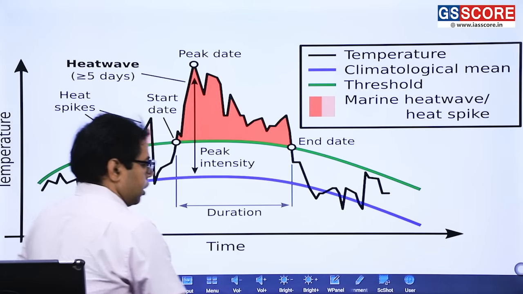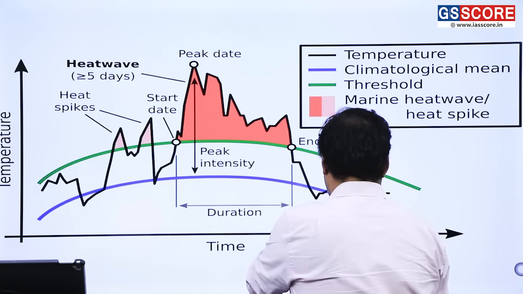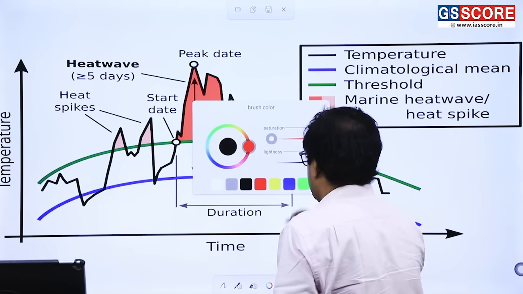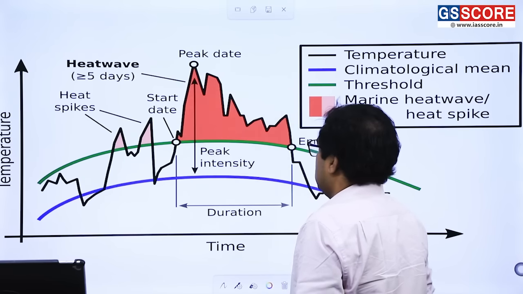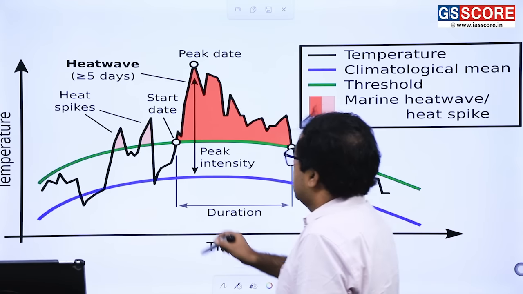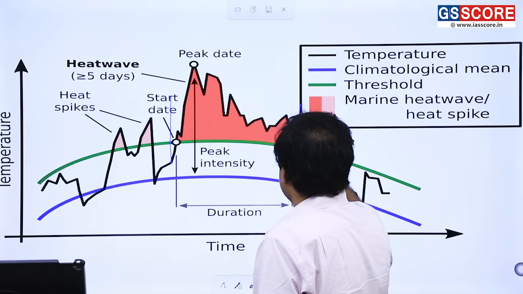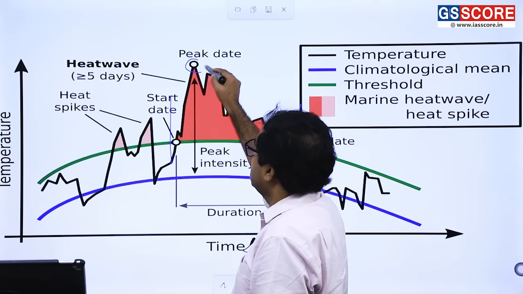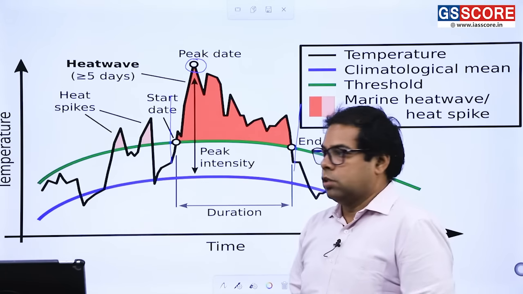If you see this diagram, over the 5 days from beginning to end there is a rise in temperature, and at a point the peak of the temperature is observed over the oceans.